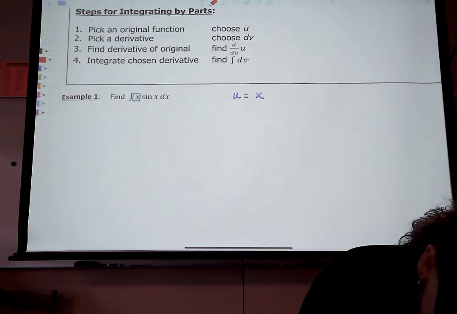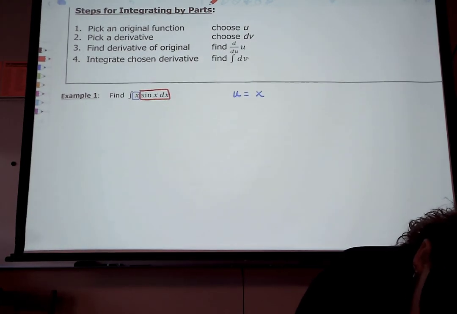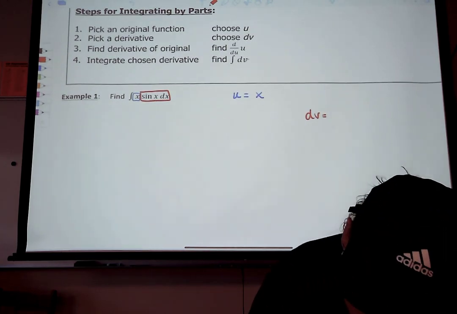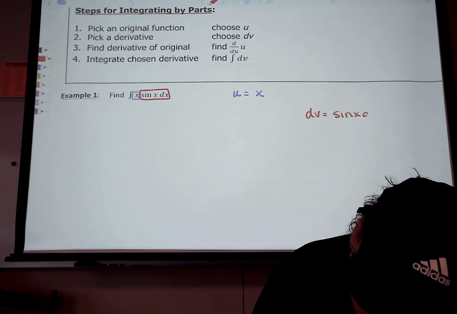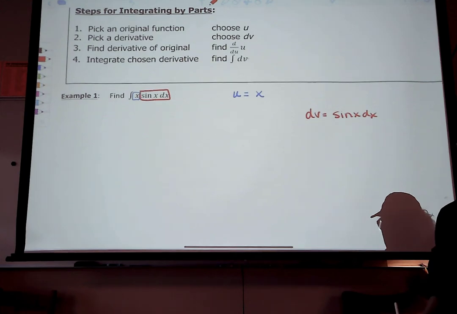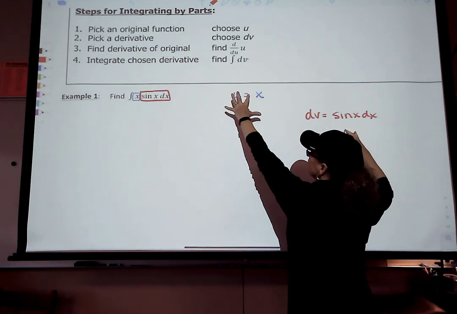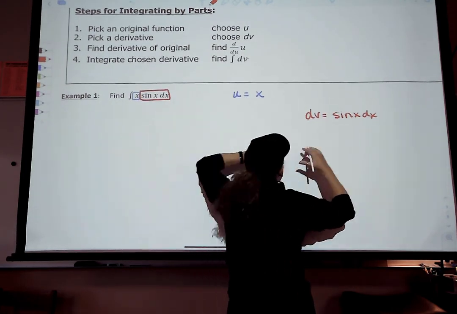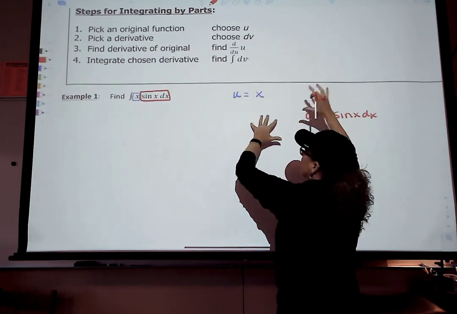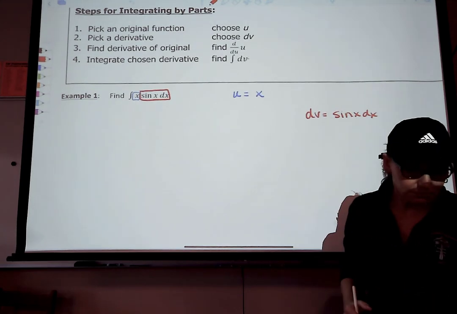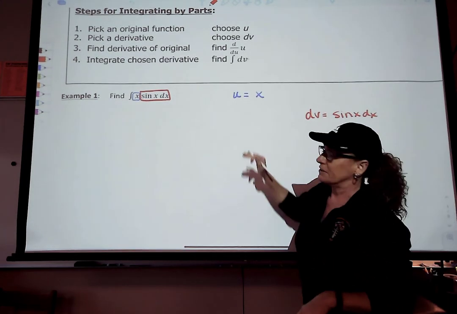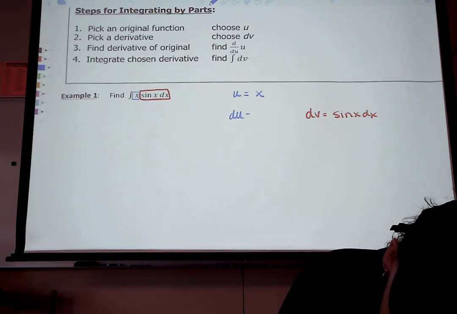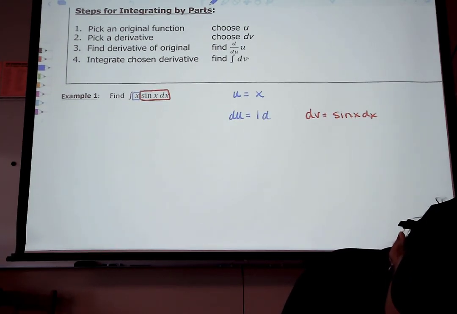So, okay, we'll say that's dv. And I'm going to turn this into a little rectangle here. So I put u up here, picked u as x, everything else became dv. Now I'm going to fill in the rest of my rectangle. I'm going to do the derivative on u. So I'm going to say that du is equal to 1 dx.